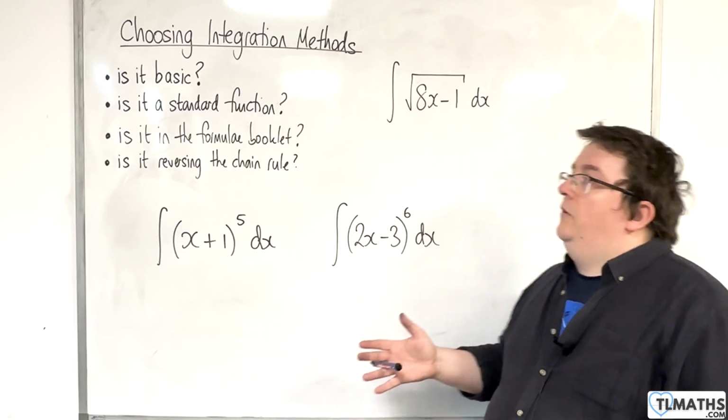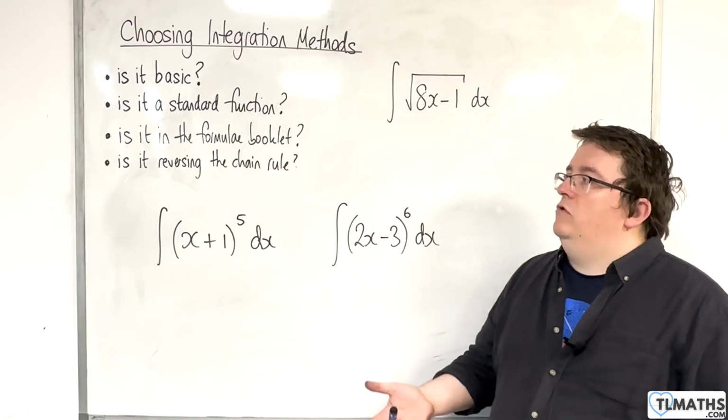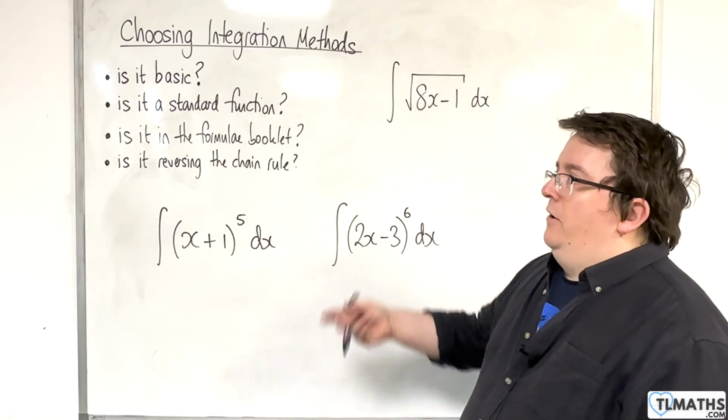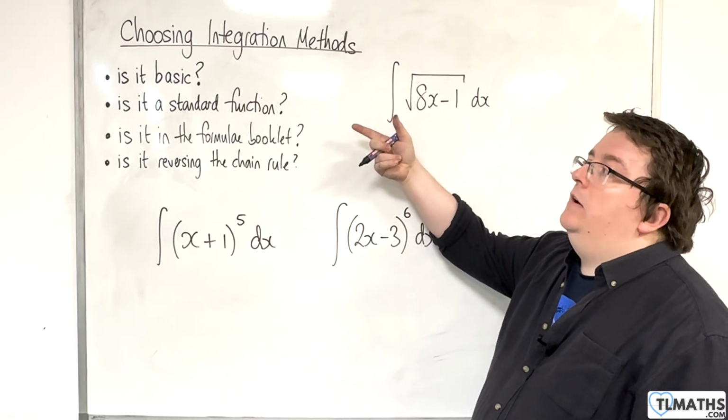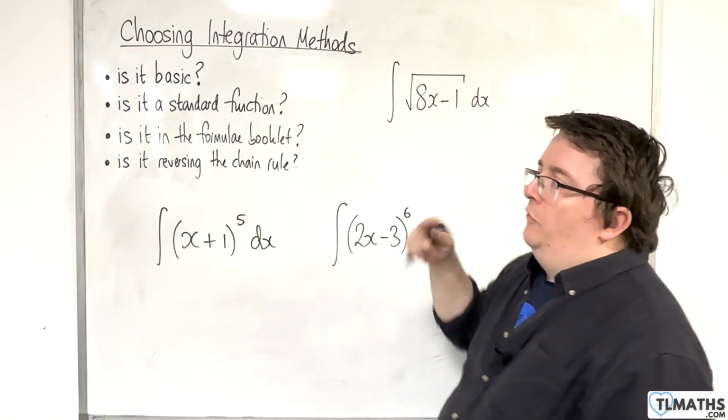Now there's a few of these that I would refer to as reversing the chain rule, and I've already mentioned that in a couple of these other ones here. So when we talk about standard functions, or was it in the formula booklet?